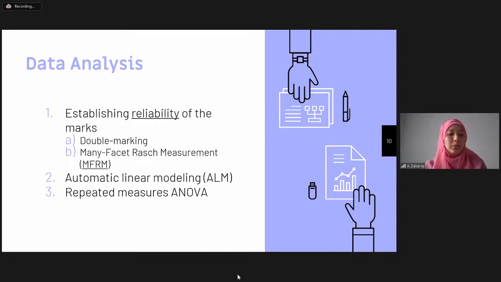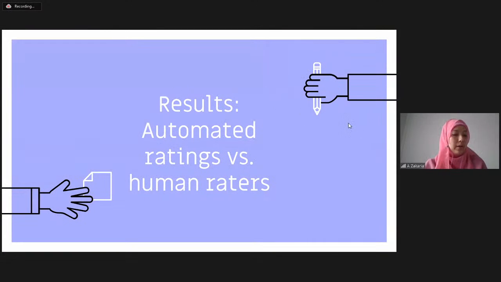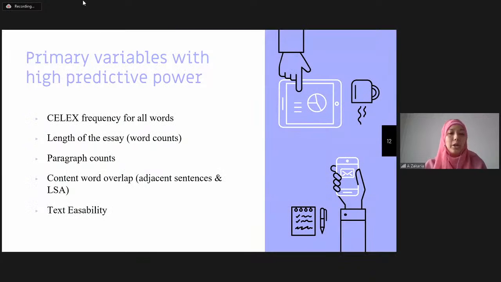We chose these scores because, in general, they were well aligned with theories of text and discourse comprehension. Given the text type, we used indices particular to narrativity, syntactic simplicity, and various ones related to cohesion. What we found was that these were the primary variables with high predictive power.